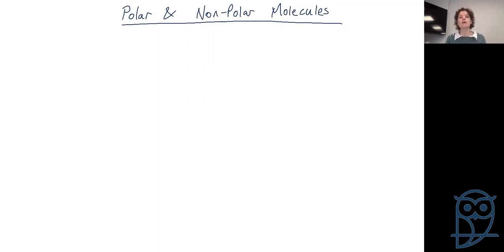So when we talk about polar and non-polar, we're talking about charges. Okay, so we've got two options. We have ions and we have dipoles. So ions are molecules that have full charges. So we could have a plus, or a minus, or a 2 plus, or a 2 minus, or even a 3 plus, or a 3 minus, and so it goes on.